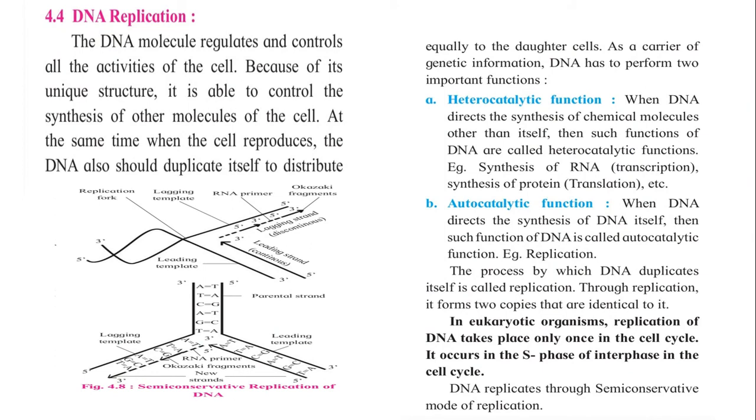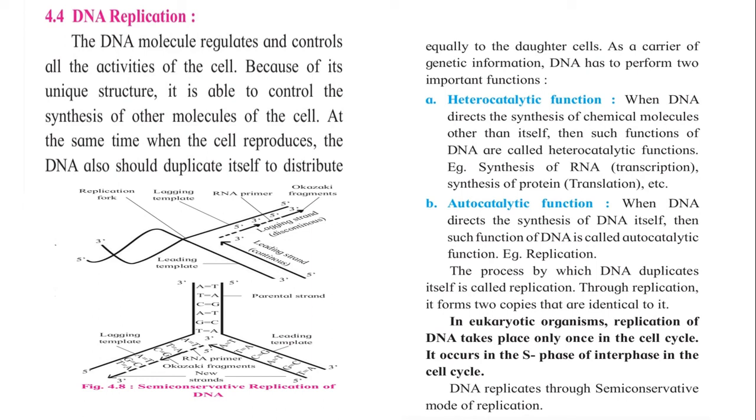Next topic, that is DNA replication. It is the most important topic in the chapter molecular basis of inheritance. DNA molecules regulate and control all the activities of the cell.